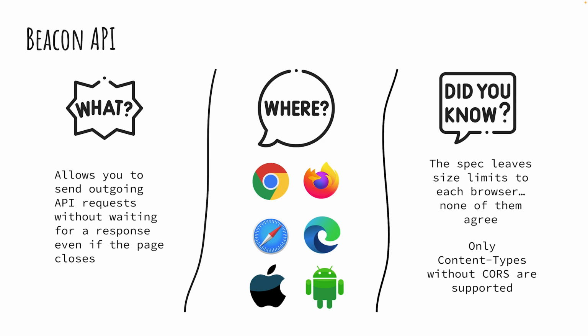If you do that with regular XML API calls, it's completely unreliable, because you're closing the thing that's making the call. If it doesn't occur in the right amount of time, it's not going to go out the door. So this is an API in every single browser, and what it does is guarantee that the browser will send the request.